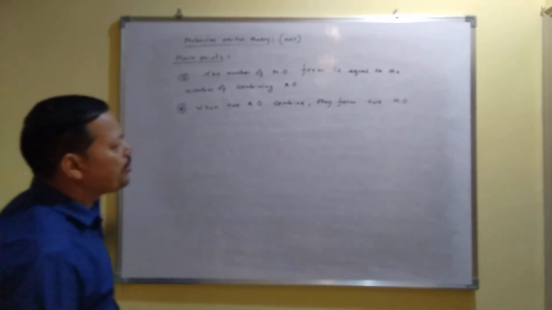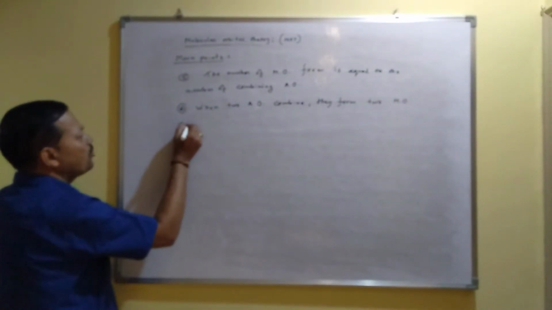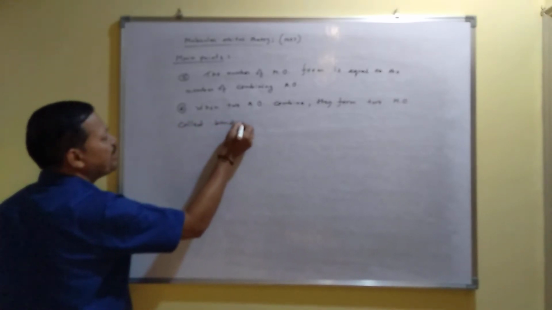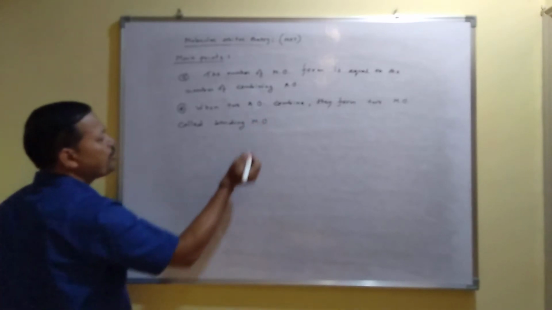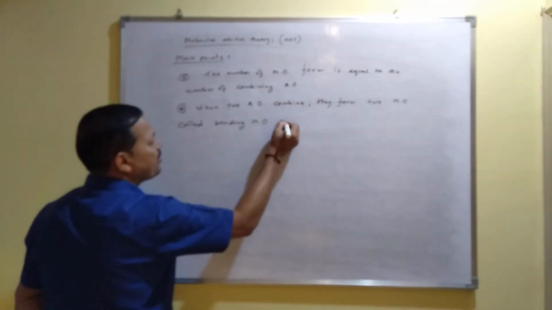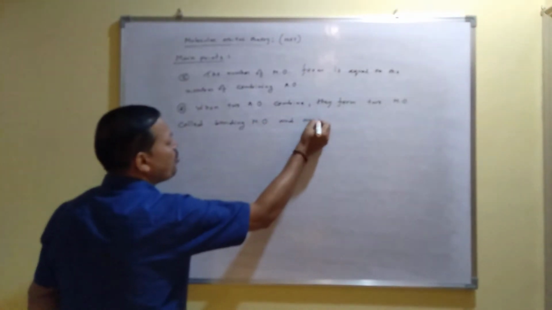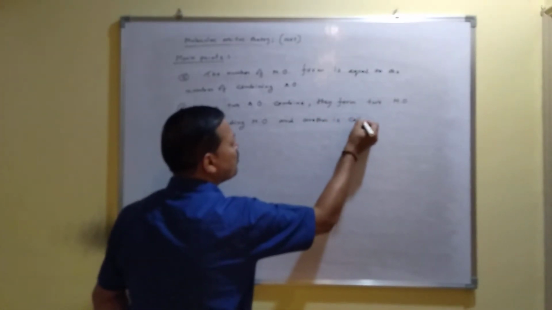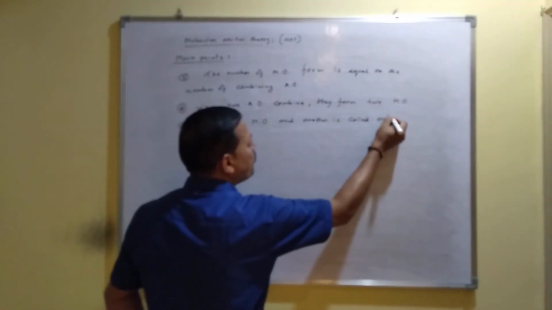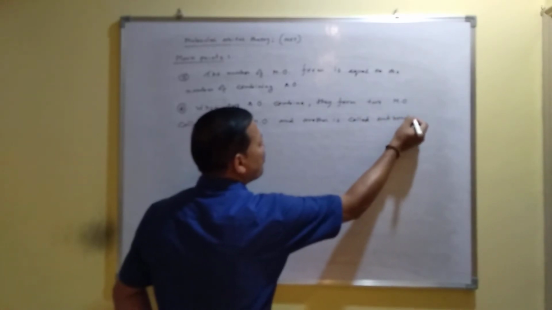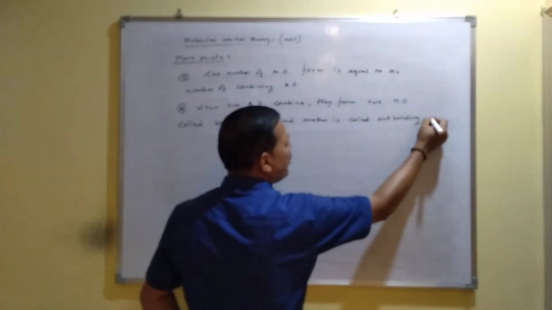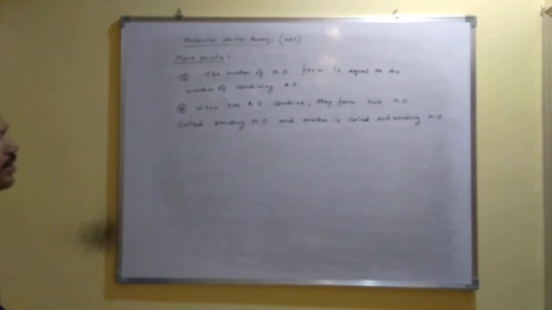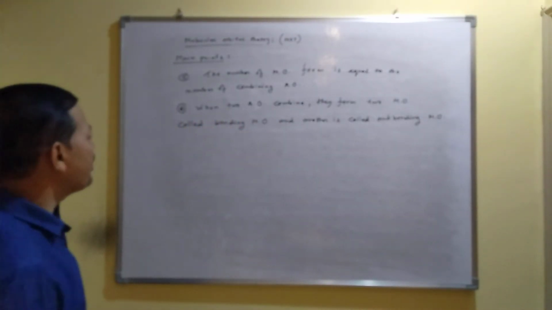They form two molecular orbitals called bonding molecular orbital, and another is called antibonding molecular orbital. So when two atomic orbitals combine, they form two molecular orbitals.